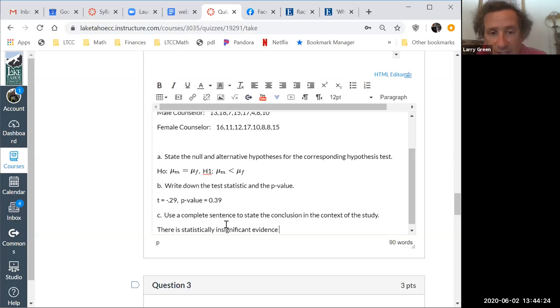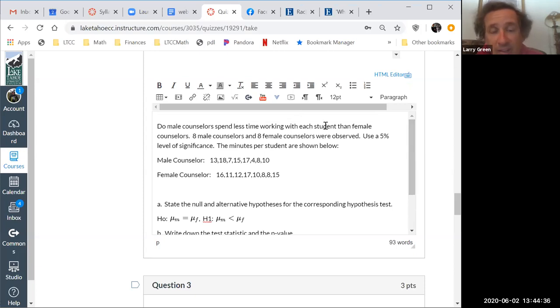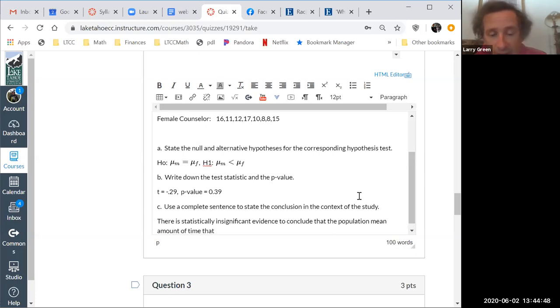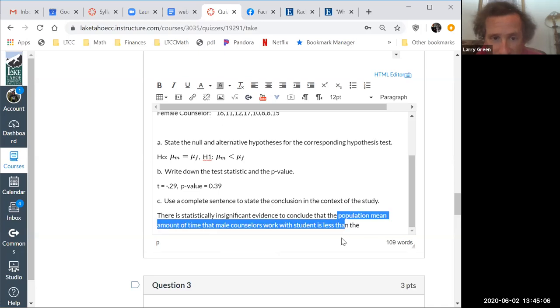Evidence to conclude that, and now we're comparing again the time working with students, male and female, that the population mean amount of time that male counselors work with students is less than the population mean, and I'm just going to copy and paste.